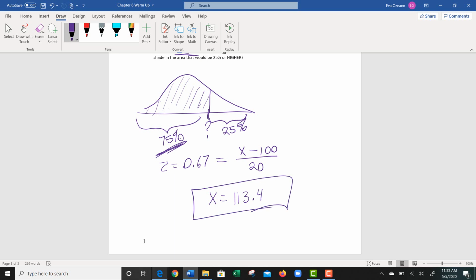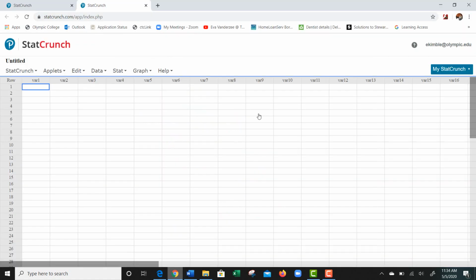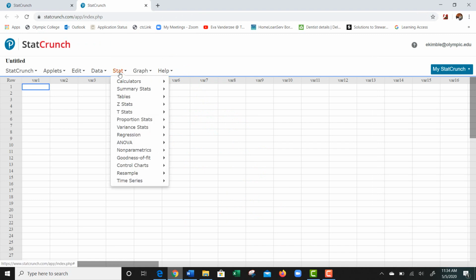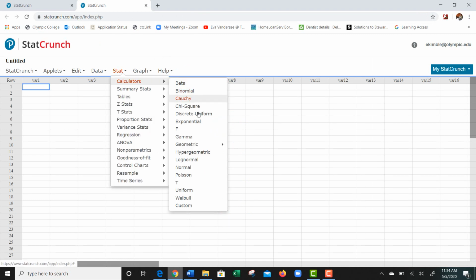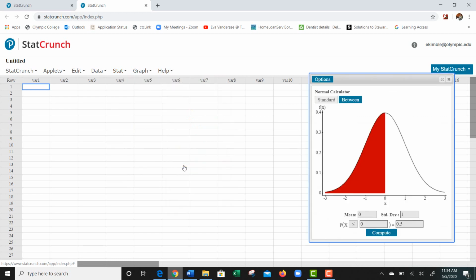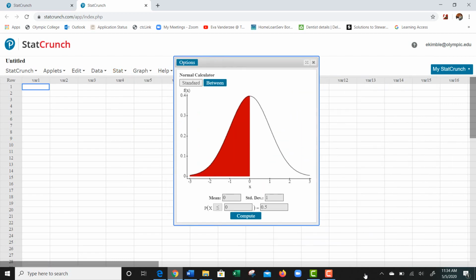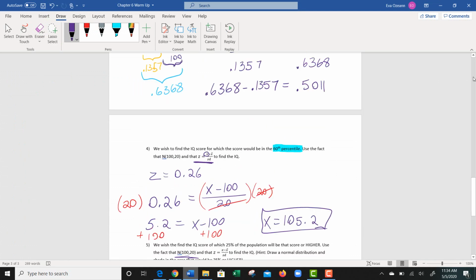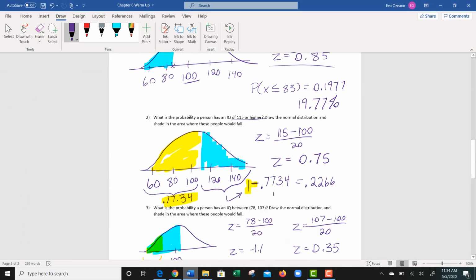Great. Now, just a little reminder: you can check all of your work on StatCrunch. You're going to go Stat, Calculators. Remember, we're looking at normal distributions. Okay, and we can check our answers here. Let's check the answer for number 3.